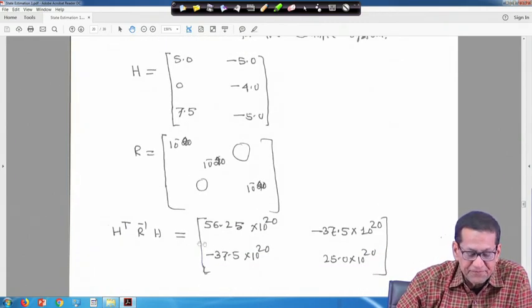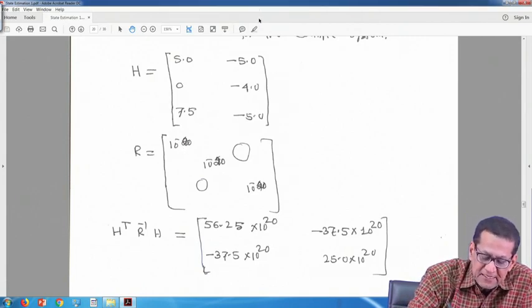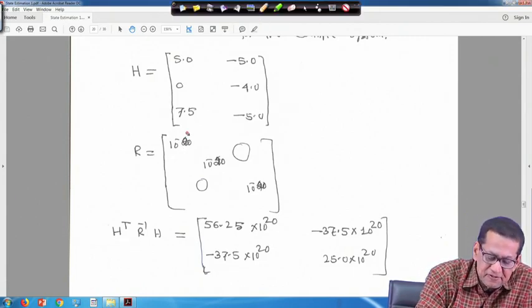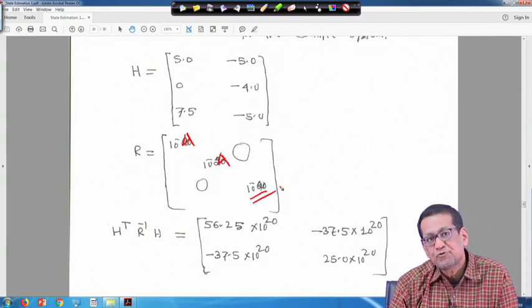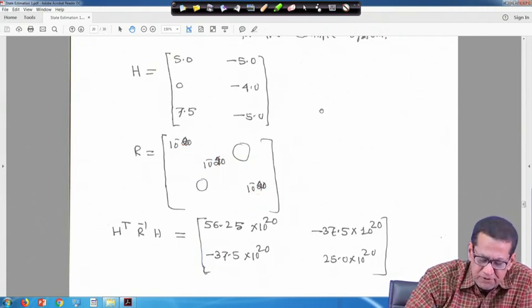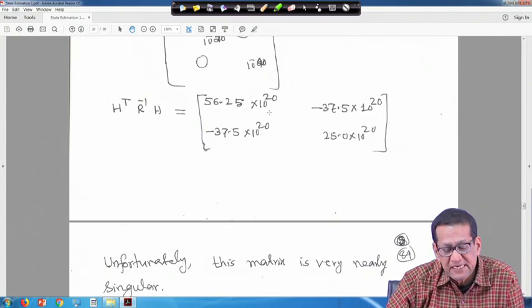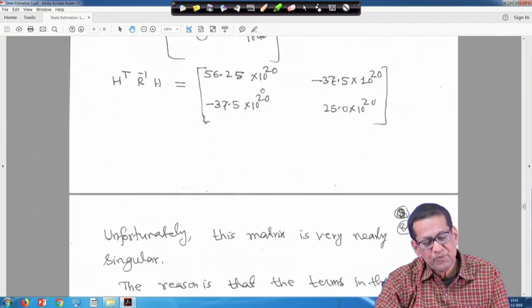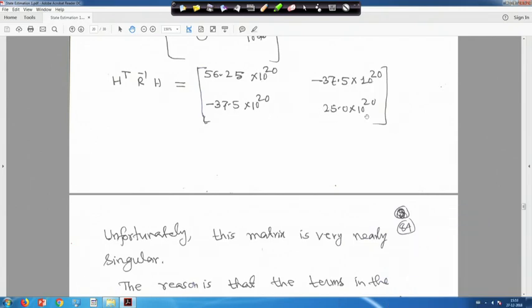Other things remain the same as previously. So H transpose R inverse H will be something like this: 56.25 into 10 to the power 20, minus 37.5 into 10 to the power 20, minus 37.5 into 10 to the power 20, and 25 into 10 to the power 20.